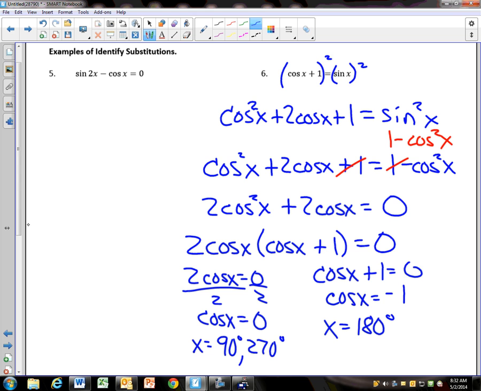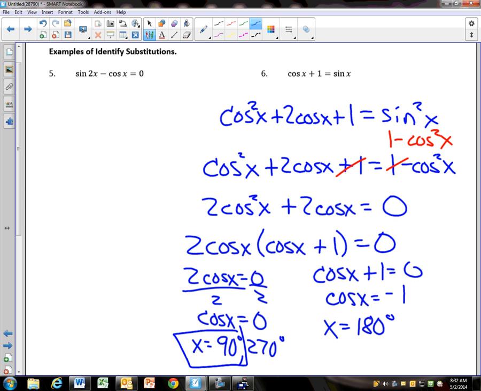Let's plug them in. We've got to see which ones work. Let's try 90. What's the cosine of 90? 0 plus 1? 1. Sine of 90? 1. So did that work? Yeah. 90 works.